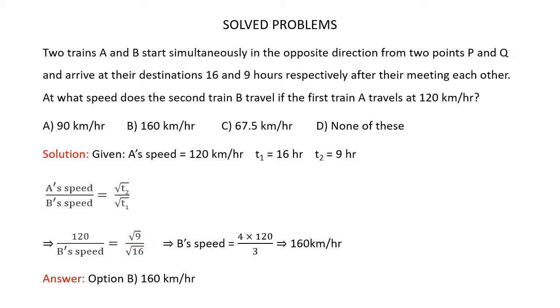Now square root of 9 is 3 and square root of 16 is 4. On cross multiplication, we get B speed is equal to 4 multiplied by 120 divided by 3, and on solving we get B speed as 160 kilometers per hour. So the correct answer is option B, 160 kilometers per hour.